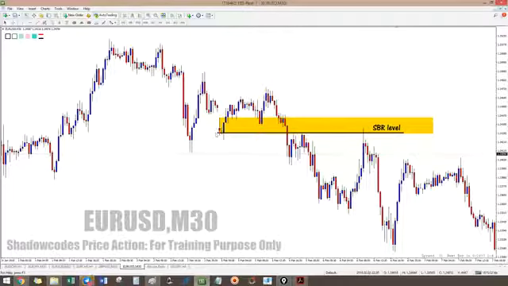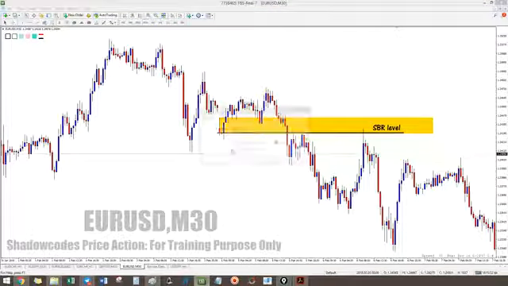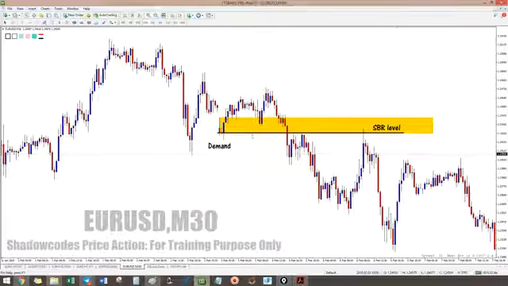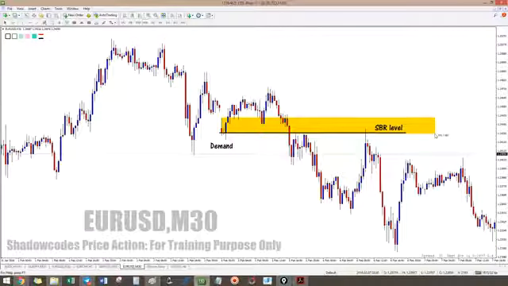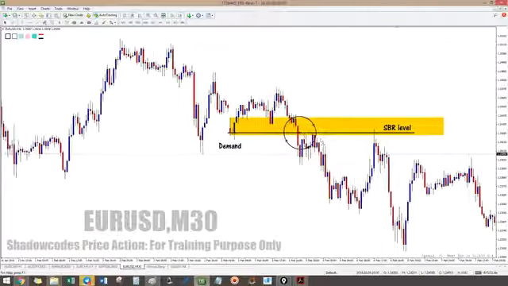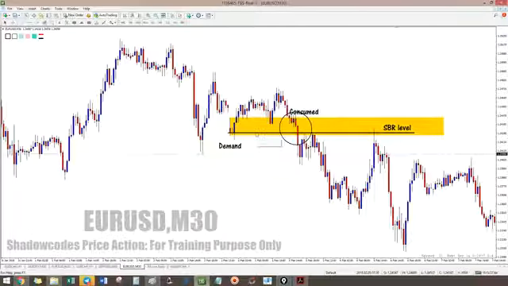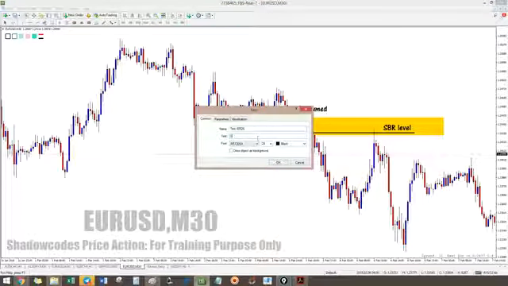So when it returns back, it can still be usable as a supply zone. Before this it is demand. After it gets broken and consumed, this one needs to go lower, and it will become supply.